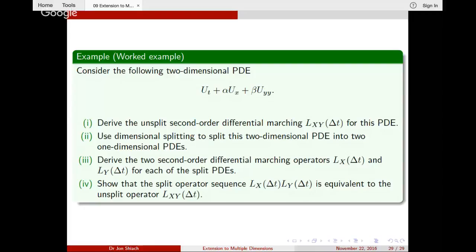So that's my split operator sequence applied. That gives me that as my combined. What we wanted that to be equal to is the unsplit operator sequence. So drum roll please. We wanted that to be equal to this one there.